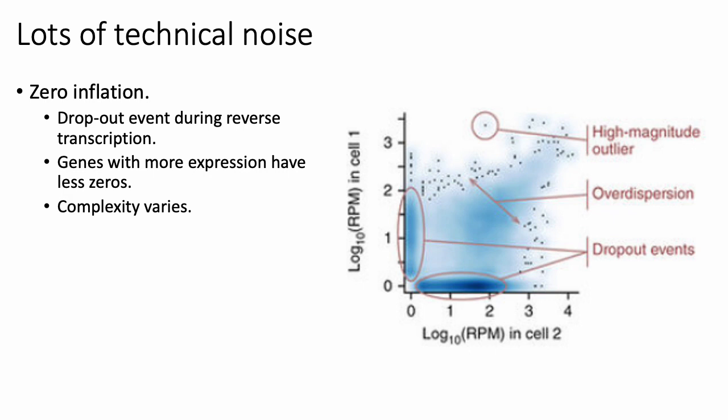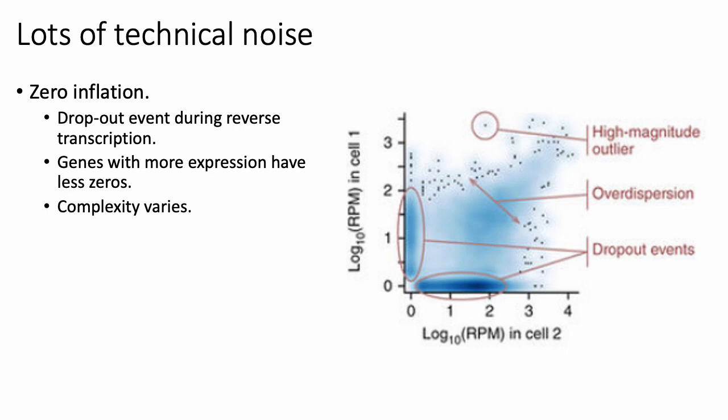We'll talk a little bit about how these dropout events tend to be correlated with poorly expressed genes. But in general, people think that one of the major sources of these dropout events is the reverse transcription step that happens inside the droplets. Generally speaking, that reverse transcription step is thought to be very lossy and poorly efficient.